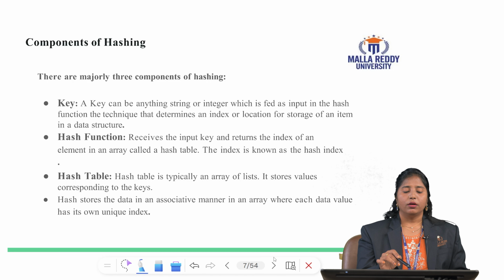So key is nothing but the input here. Hash function: we have four hash functions: division method, modular method, multiplication method, and mid-square method. In the hash table, whatever results came, we store in the hash table.